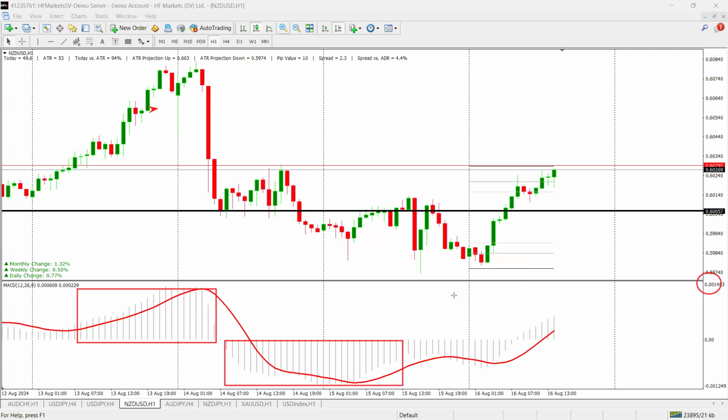Listen, when the MACD starts showing you small histograms like that, small histograms don't give us that much confidence.